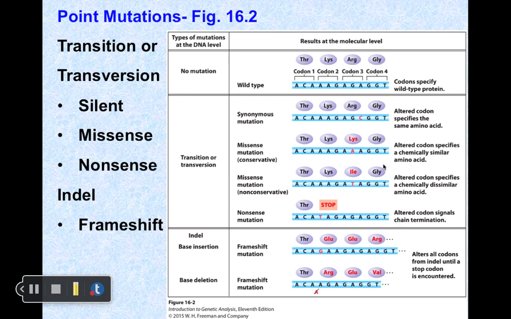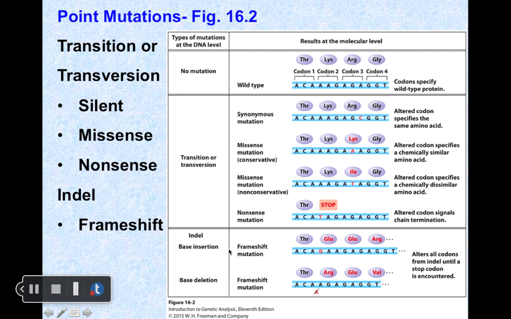On the other hand, if there is a base change that leads to an early stop codon, like we see here in our table, that's simply referred to as a nonsense mutation. That, of course, can have a big implication because you're producing a protein that's shorter than it should be otherwise. Toward the bottom, we see indel or insertion deletion mutations.